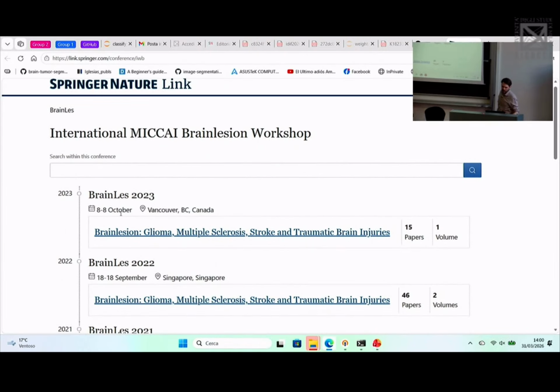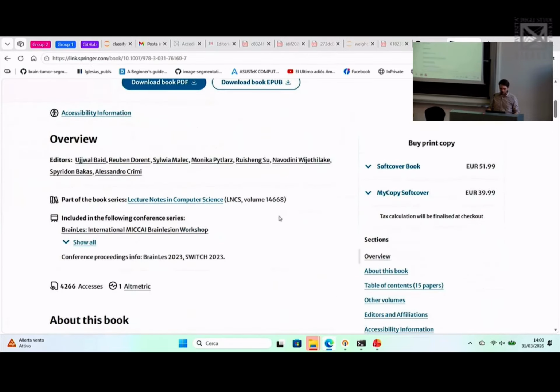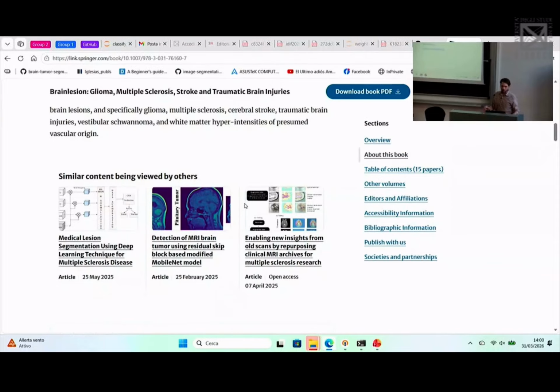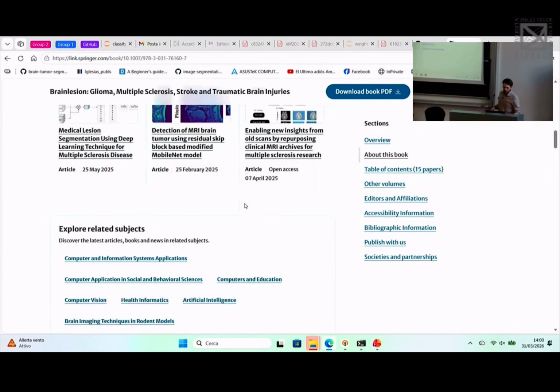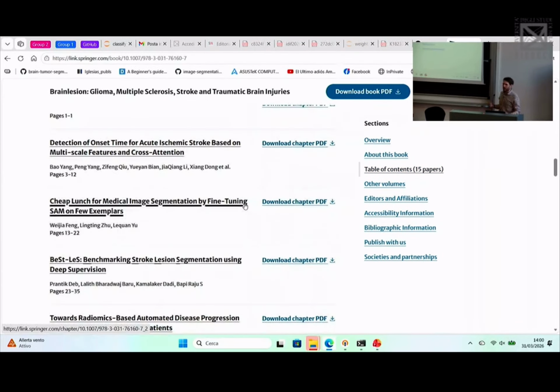So you see that the last occasion they had 15 papers, and it's about addressing lesions in the brain, which might come from glioma that we've seen in some data sets, or multiple sclerosis, but also stroke, and traumatic brain injuries, all of which leave lesions in brain images. And these papers are mostly written by IT engineers, so they are more on the technical side of how they did it than on clinical application.